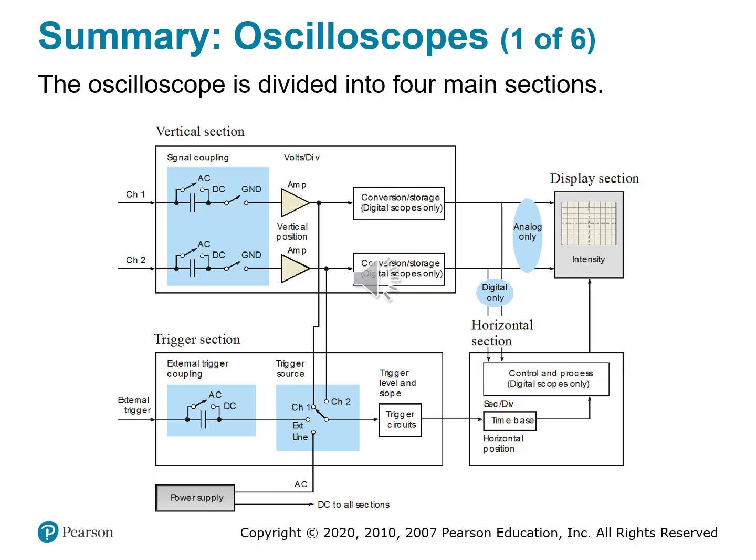An oscilloscope is made up of four main sections, and this diagram shows you how they work together. So we have number one, the vertical section. This is where the incoming signal is first processed. It includes things like signal coupling switches to select AC, DC, or ground coupling, amplifiers that adjust the signal size, and the volts per division control.